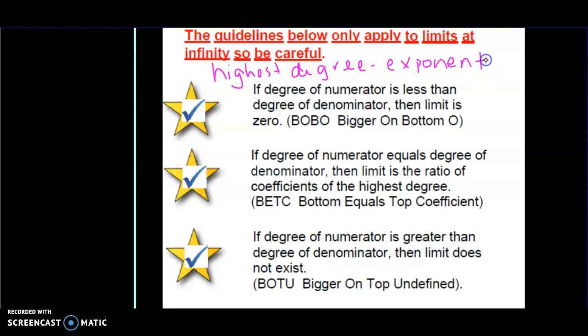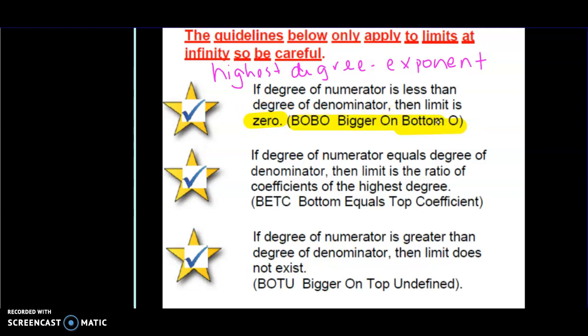So you're going to look at your highest degree, which is your exponent, from both the numerator and the denominator, okay? If the degree of my exponent is bigger on the bottom, then my limit is going to approach 0, okay? Bigger on bottom, the limit is going to be 0.